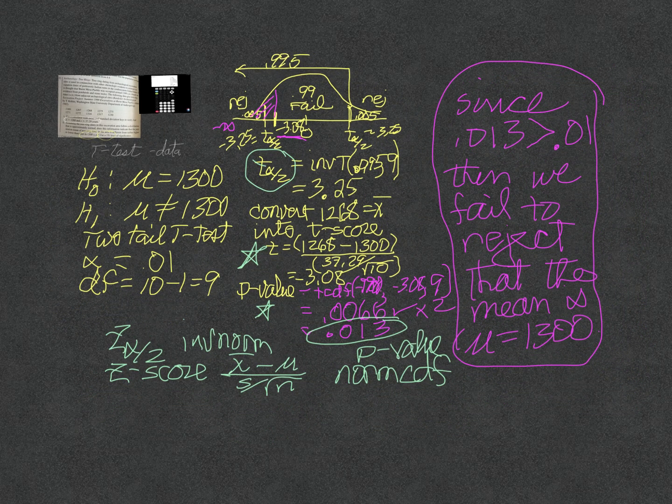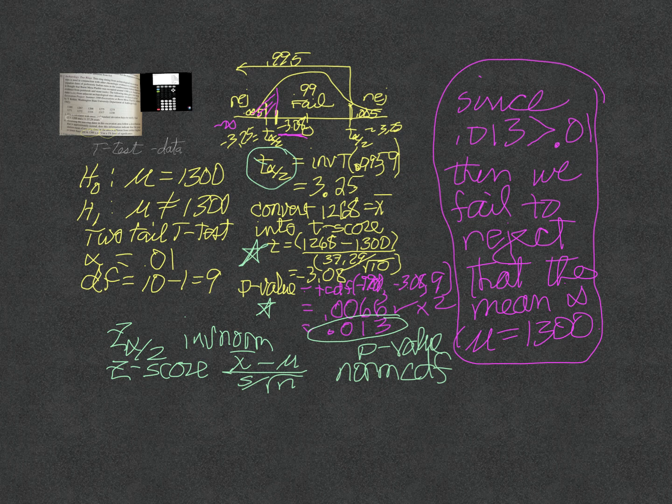What changes in the proportion tests? Well, if you have a proportion test, you're still going to have to find a z sub alpha over 2, because you're using the normal curve to approximate a binomial. And so that will be an inverse normal. Then you'll find the z-score of p hat, and so that will change.